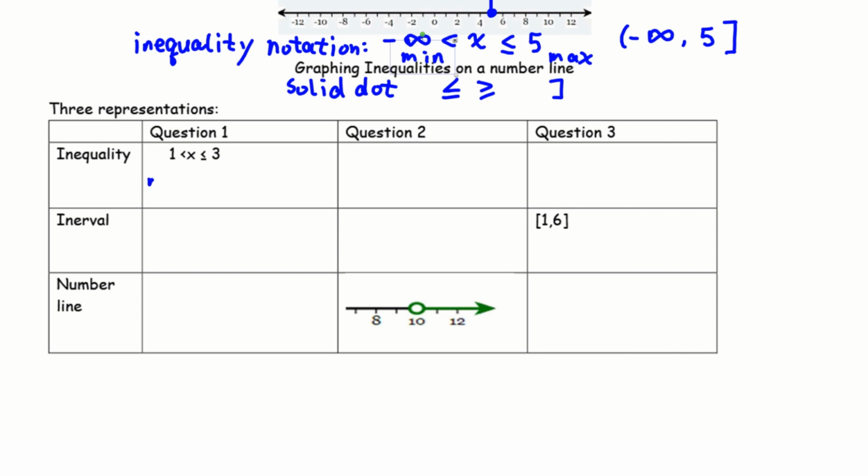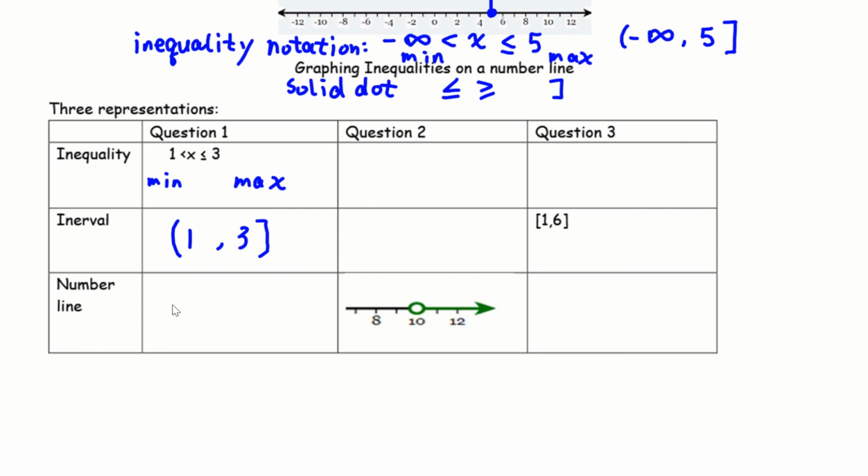This is the minimum, this is the maximum, and for interval notation, we just put the minimum and maximum in brackets. If no equal sign, it's just a regular bracket. If you have an equal sign, it's a squared bracket. So these two notations are equivalent.